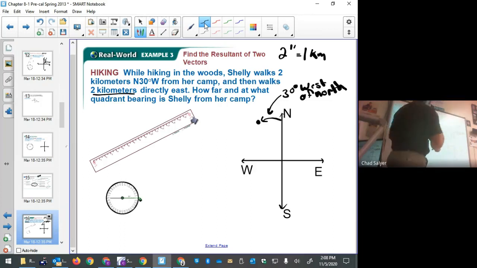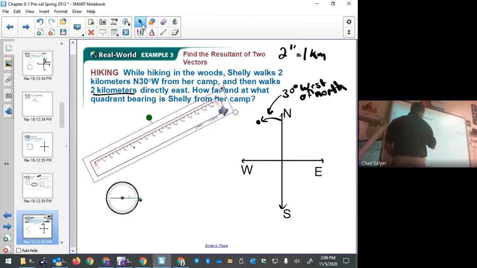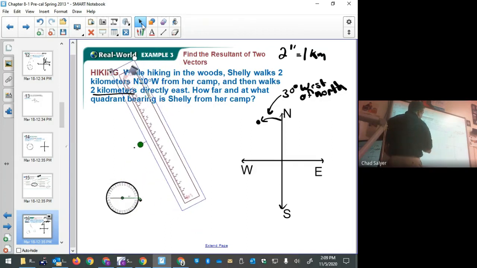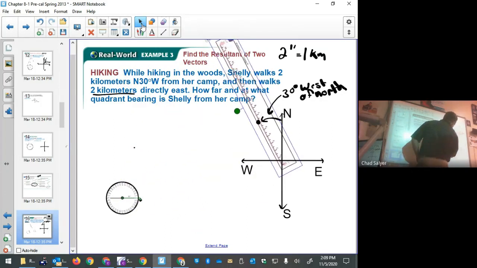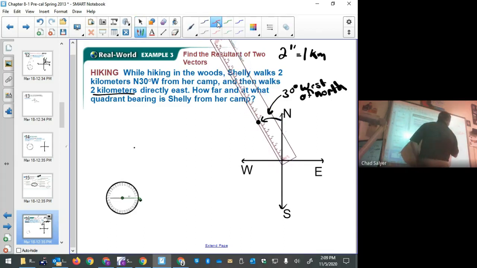And once I use this scale, I need to keep it the same because I'm going to have to use it to compare some distances. There we go. So where it says 4 is what I want to get to. This would be the terminal point.